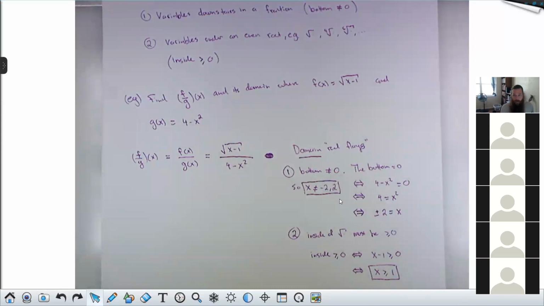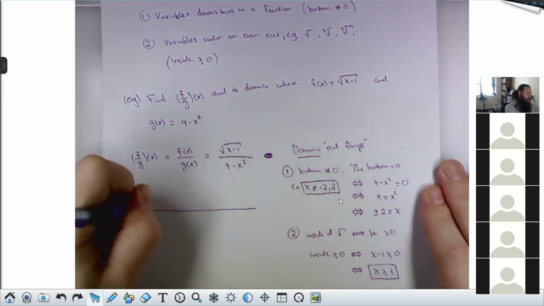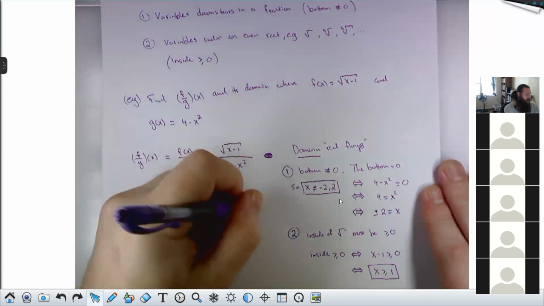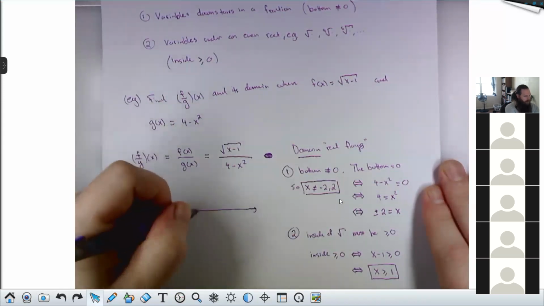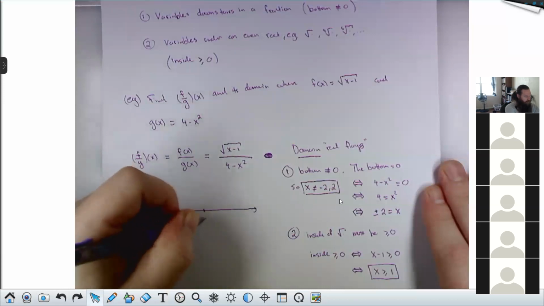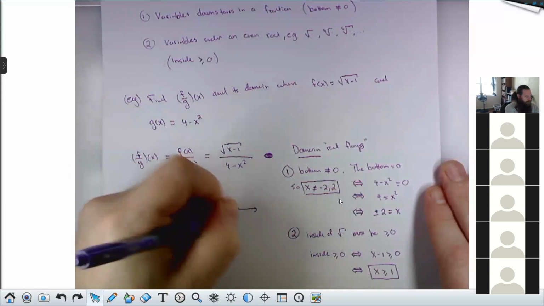Maybe it's something we just hadn't practiced in a while. We had an activity on that way back in the day. But let's draw this domain on the number line. So maybe negative 2 is way over here, maybe 0 is here, maybe 1 is here, and maybe 2 is here.